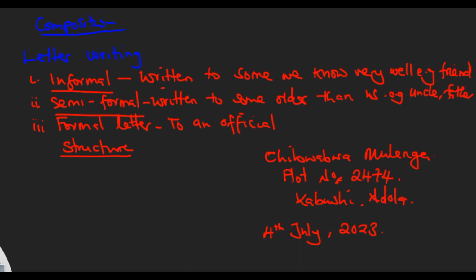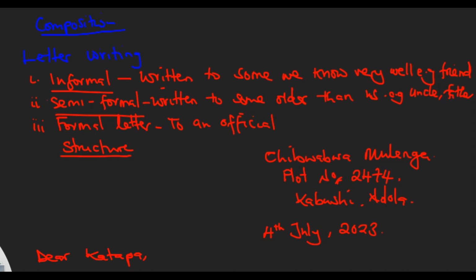That way you're going to score a mark. From there, you put the salutation, which is Dear and the person you're writing to, Dear Katapa, meaning it is a friend that you're writing the letter to.